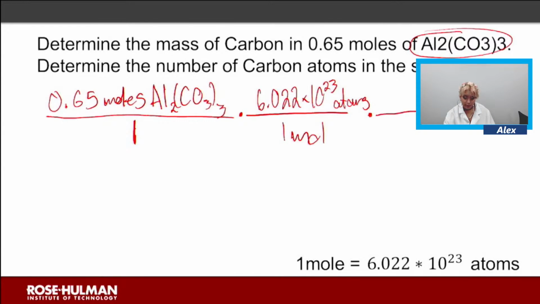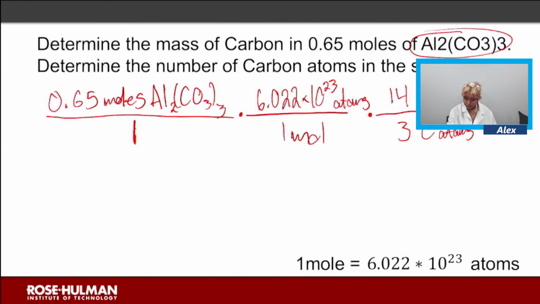Next, we want to say that there are 3 carbon atoms for every 14 total atoms in this compound, which I'm running out of space to write it as.